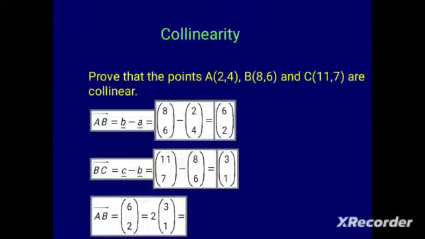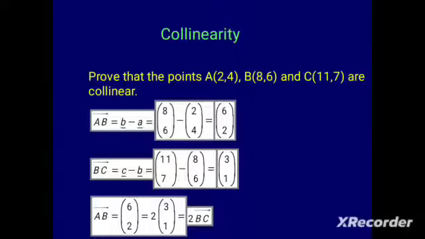So that means vector AB is equal to (6, 2) is equal to 2 into (3, 1). So 2, you realize it is a scalar, that is the k, the value of k, and then (3, 1) is for BC.